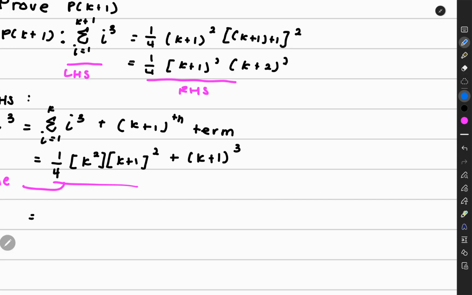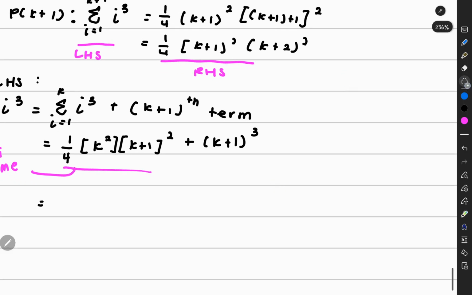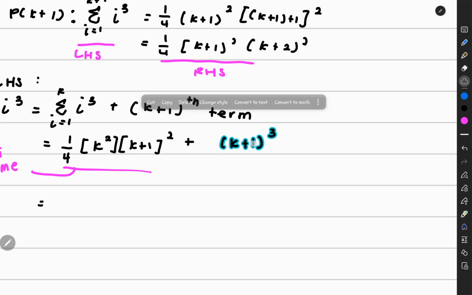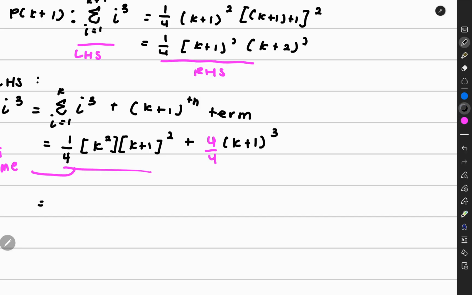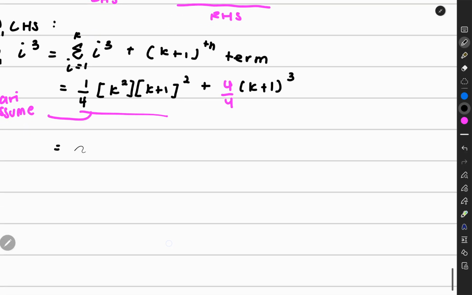1/4, k plus 1 to the power of 2, and k squared plus 4 times (k plus 1). Agree? Okay.